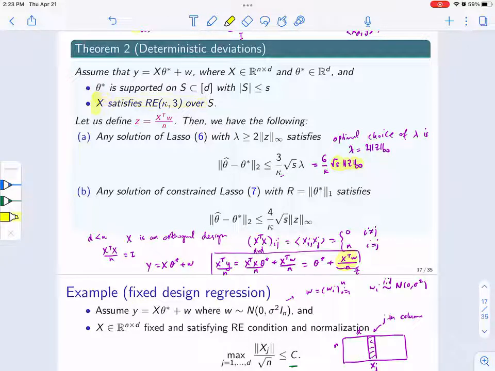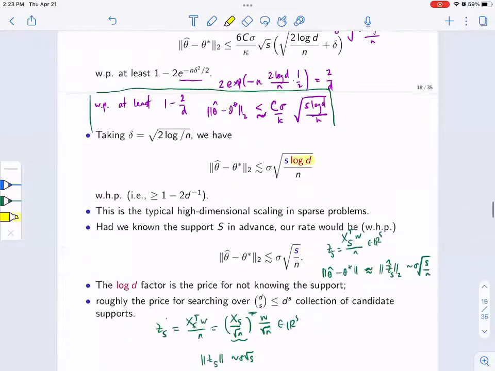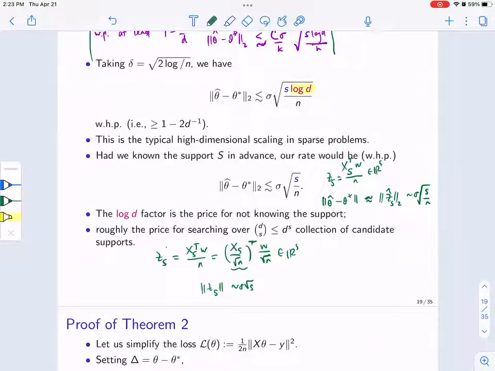And so if you do Gaussian high-dimensional regression with the proper choice of lambda, you can consistently recover. So this is a consistency result. For this to go to 0, you need n, let's say, much bigger than S log D. Or sometimes you write n bigger than or equal, up to a constant, S log D.